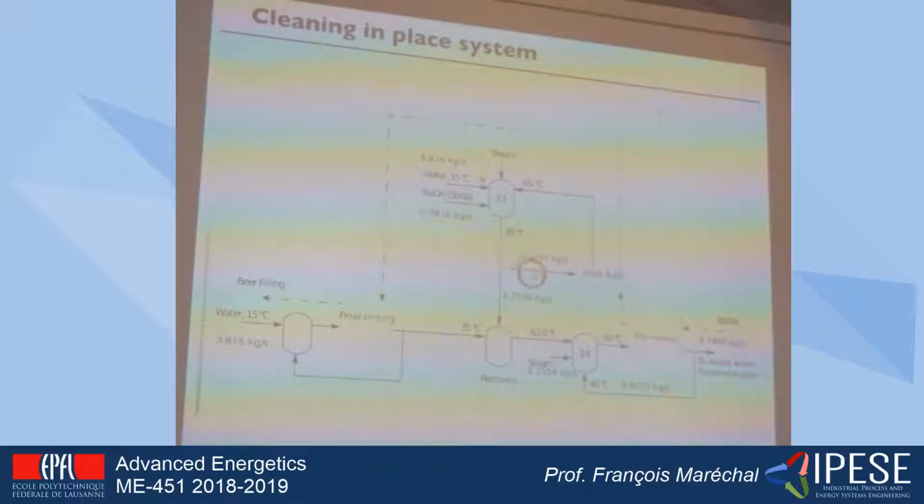This hot water is sprayed on the bottles, and then the hot bottles will come here and go to the final rinsing, which will use water at 15 degrees C to rinse the bottles so that they are clean and cold when they leave the process.